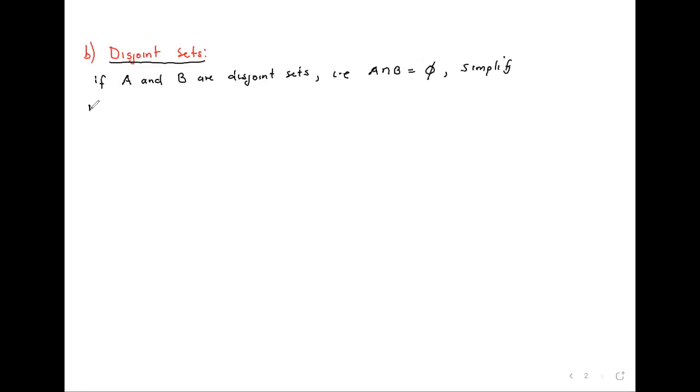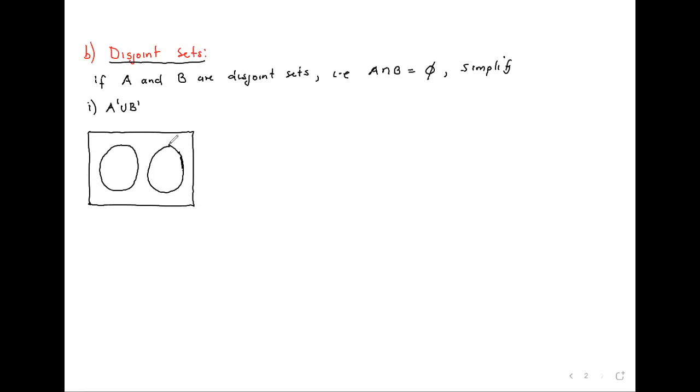So let's see some more properties here. One, what will be A complement union B complement? So here you have a set of this type. This is A and this is B. So we shade A complement.